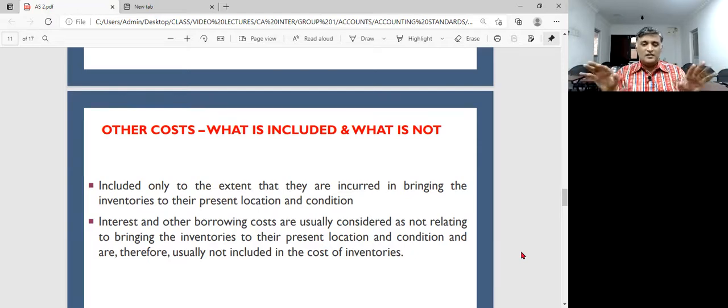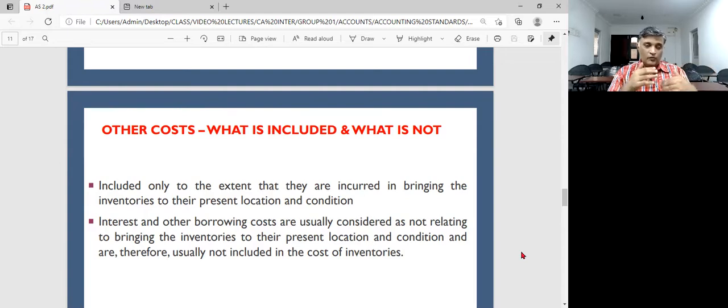It's a very general statement, because the first one was cost of purchase, second was cost of conversion, the third one is other costs. These are residuary or ancillary costs. So apart from cost of purchase and cost of conversion, there could be many other costs which you incur to bring the inventory into the present condition and location. If you feel that they are important, then you please include that as part of your cost of inventory.